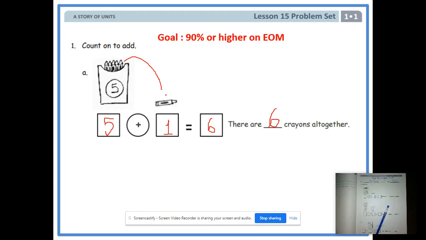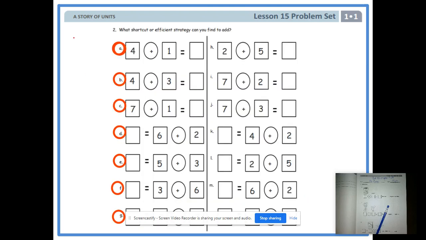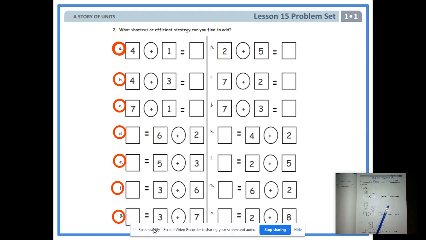And remember, let's review our must-do problems so that you can already have them circled. Ready? Our must-do problems is letter C on that first page. So everybody circle letter C. Turn the page. And then all of these problems, A, B, C, D, E, F, G. So make sure you circle all of those problems on this page.